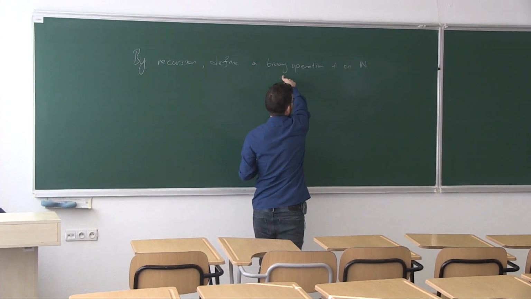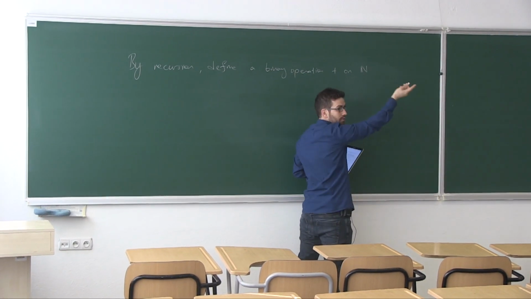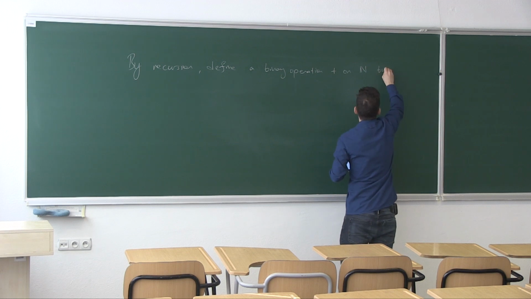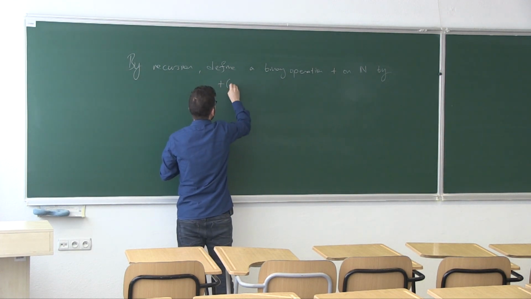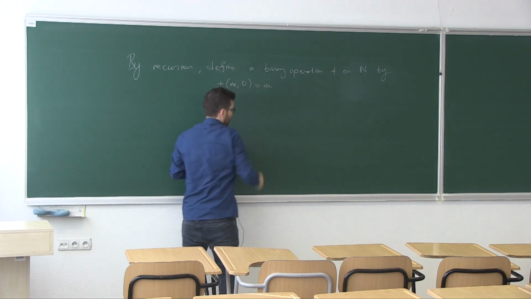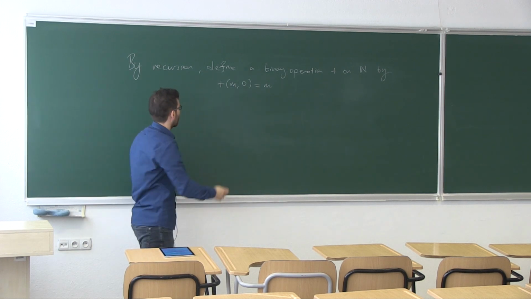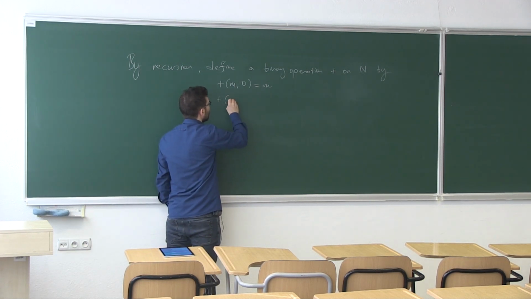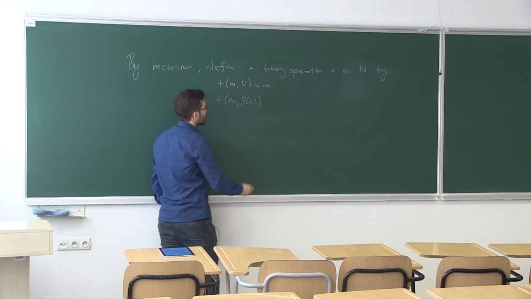A binary operation on the set of natural numbers means that this is from N cross N to N, okay, by the following. This is a binary operation, so it has two inputs, okay, and I'm doing recursion on the second input, okay.